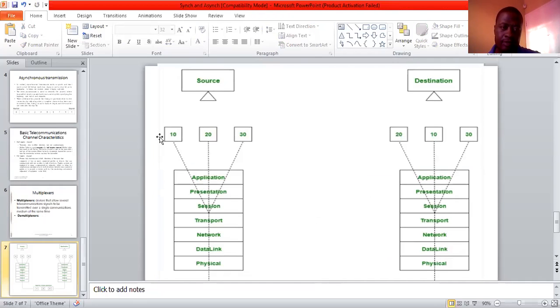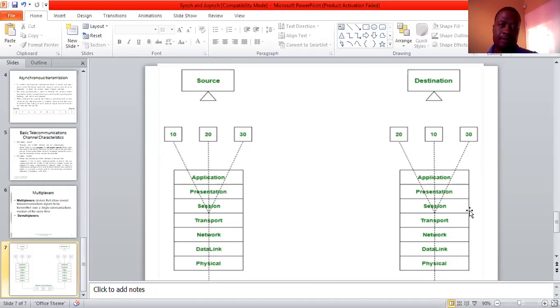These are the different devices that are transmitting data: we have 10, 20, and 30. With the multiplexer, it combines all the signals from these three devices, and they share the medium. They use one medium instead of each of them sending separately. This saves time and resources in the system. So the signals are combined and share a single medium to their destination.